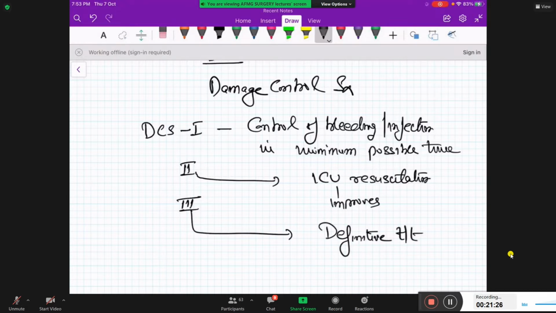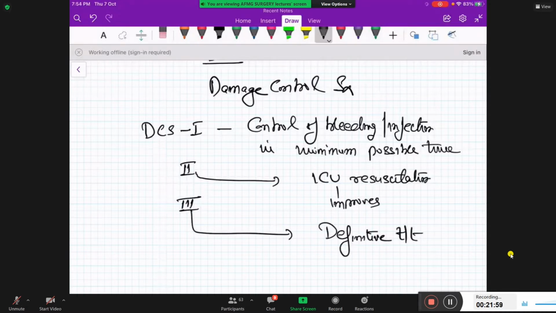So what does the damage control surgery concept say? Don't try to do a definitive treatment on the first surgery in such patients. Rather, do a minimum and later on do a definitive treatment. This type of procedure, where we don't do a definitive thing on the first surgery in a trauma, is called damage control surgery. We are trying to control the damage which has already happened.